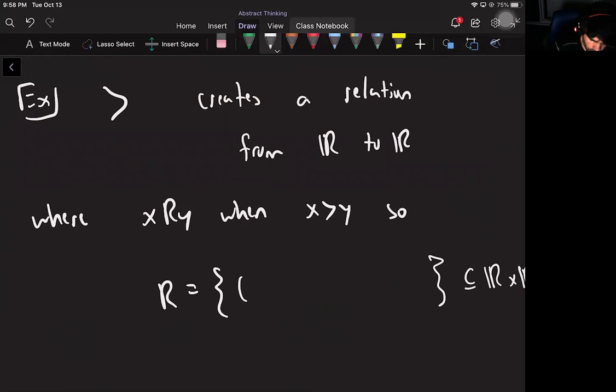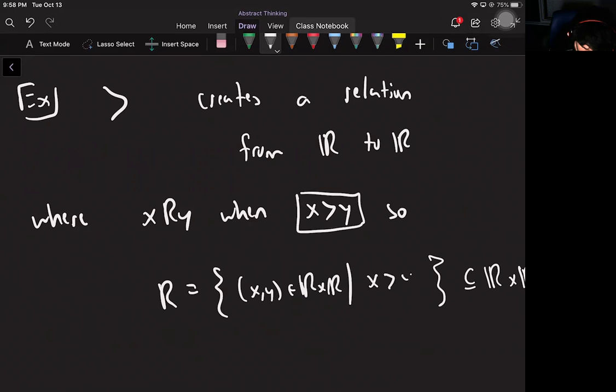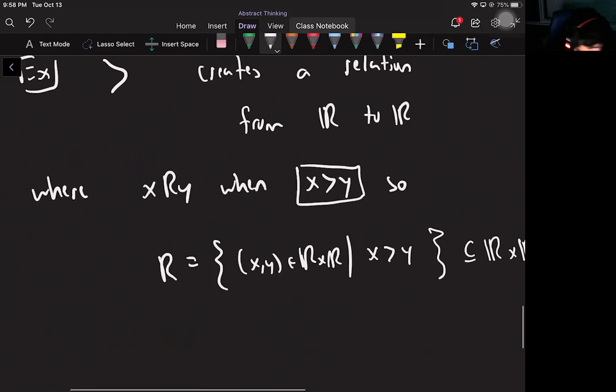And so it consists of ordered pairs that live in R cross R, first of all. But which ordered pairs? Well, just the ones that come from the relationship. And now I have a specified relation, so I can actually just use that instead of saying X, R, Y. So this is the relation you get from the greater than symbol.